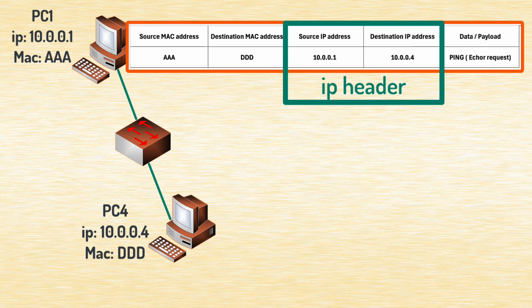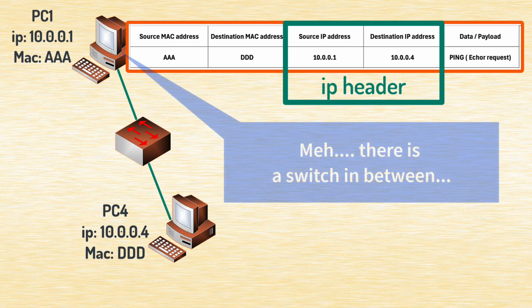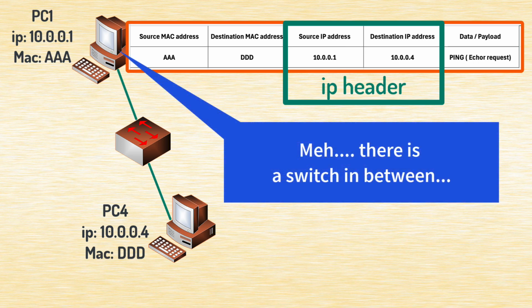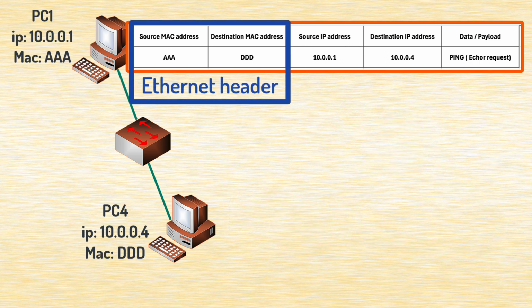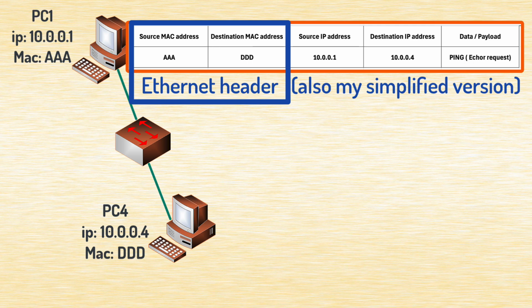However, PC1 will also see that to reach PC4, it will have to pass through that switch in the middle. PC1 is connected to the switch using an Ethernet cable, so it knows it has to create another header. This time it's called the Ethernet header. Not internet, but Ethernet, okay? This header will include source and destination MAC addresses.